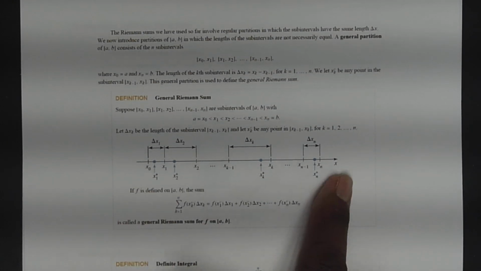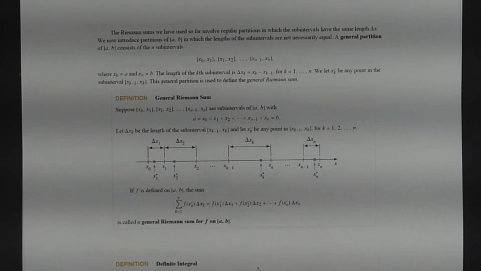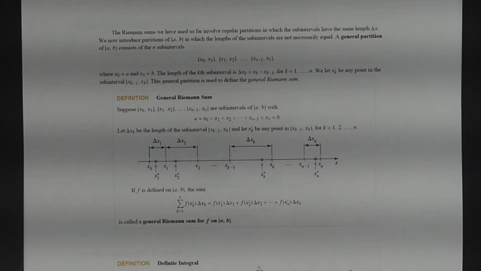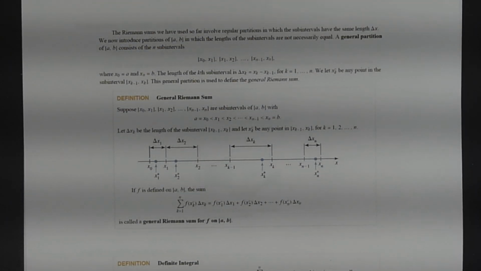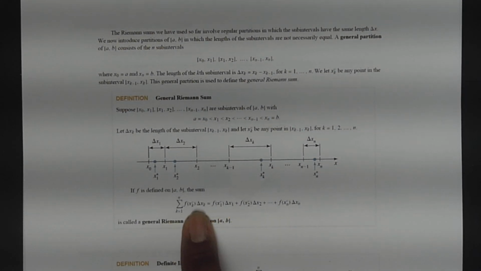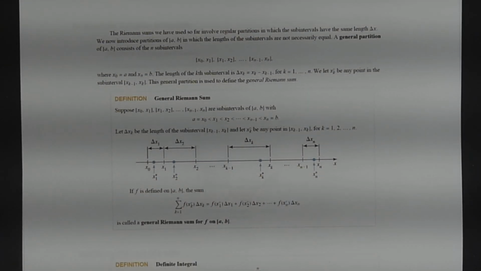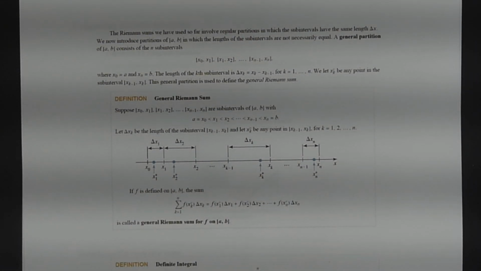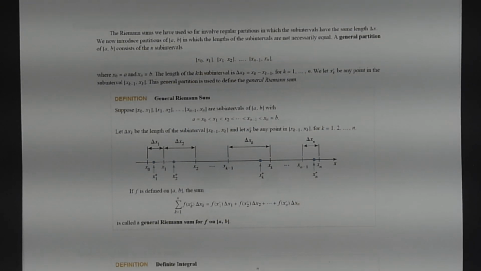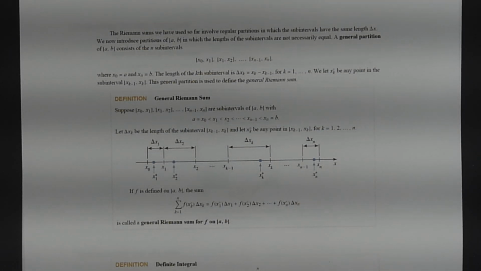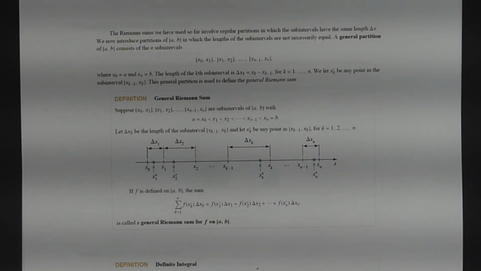So it's going to look like this, and then it is defined as the summation from k equaling 1 to n of this expression. Now notice our delta x's do not have to be the same. They don't have to be of equal length. So here we call that the general Riemann sum for f on the closed interval a to b.